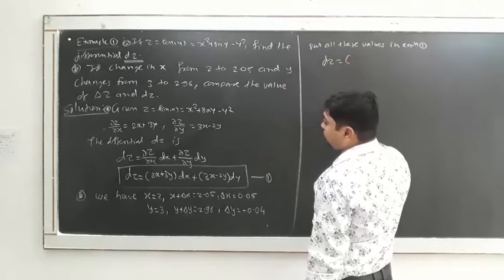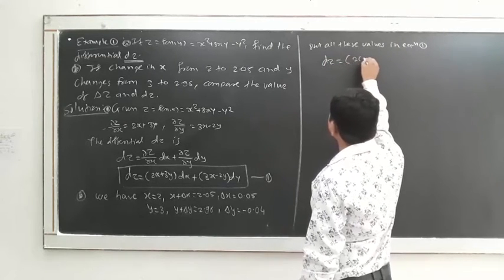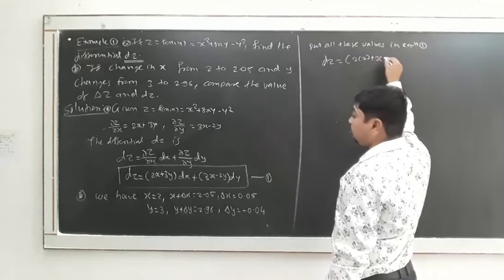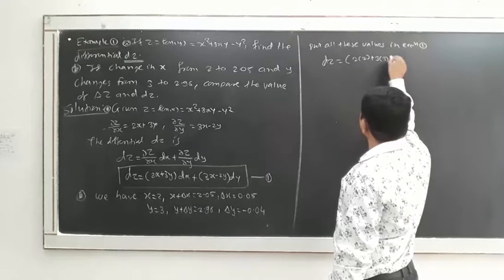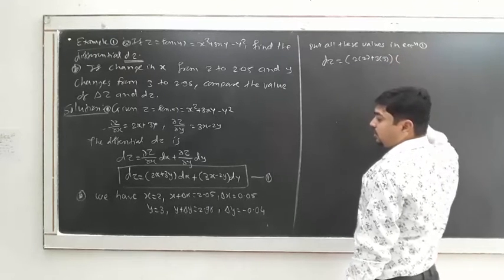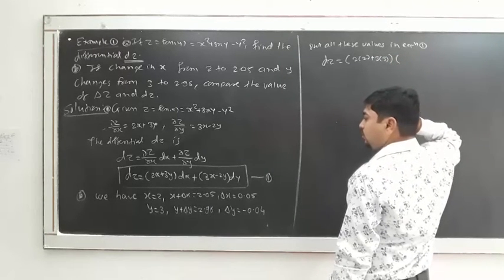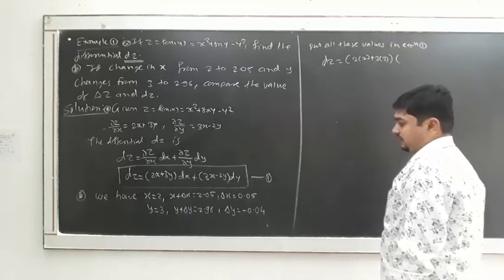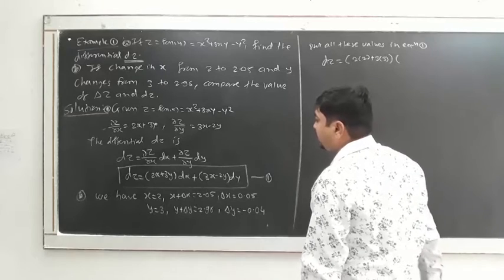dz is equal to 2 into x, which is 2, plus 3 into y, which is 3, into our dx. dx is nothing but delta x, so dx is equal to delta x.